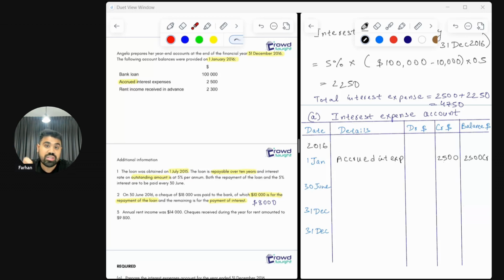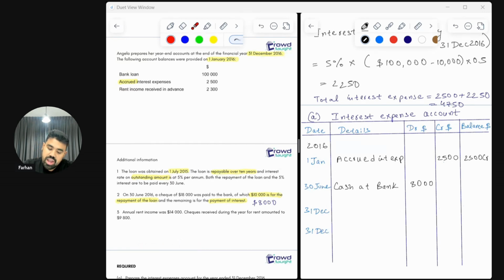So that's why we're crediting cash at bank. Okay. So if we are crediting cash at bank, the relevant cross reference for the other account is to debit interest expense. Okay. So in the interest expense account itself, we have to show this $8,000 within the debit column, and the cross reference here is the cash at bank. Okay. And this is based on the explanation for the journal entry, which we have just discussed.